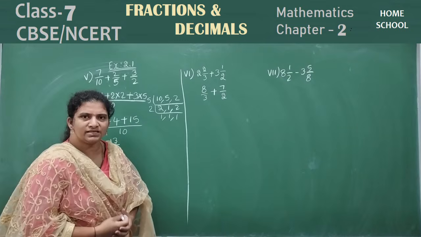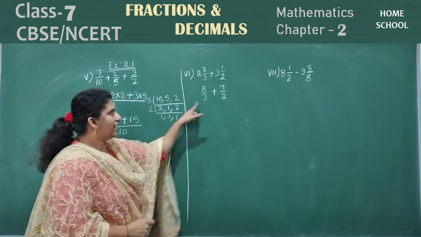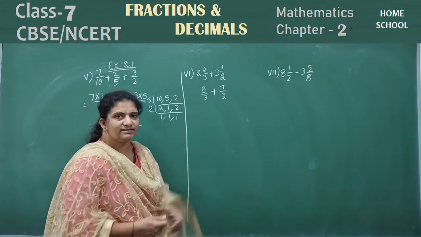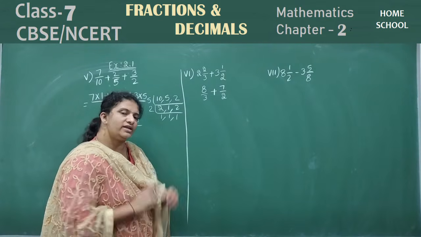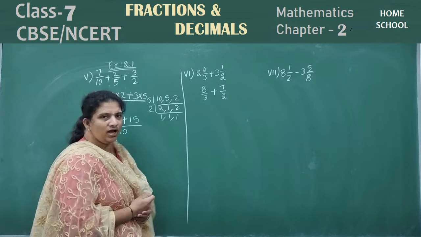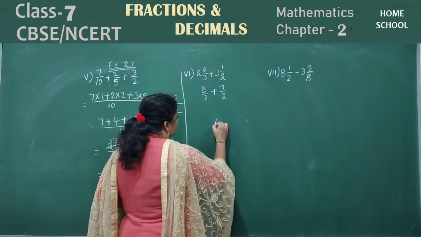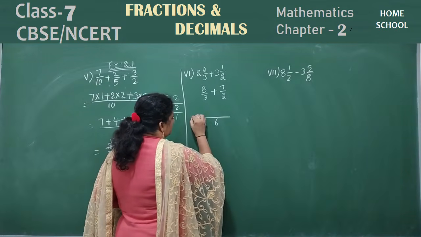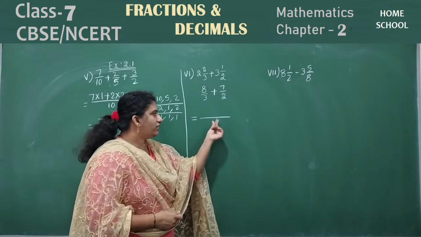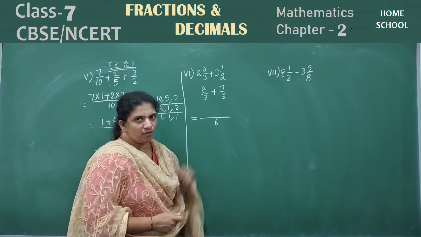Yes, now it is easy to do addition, no children? So now, how to do addition? 3 and 2. What is the LCM? 3 and 2, there is no common factor. I can say that 3 2s are 6 is your LCM. Okay, so now your 6 is LCM, write in the denominator.